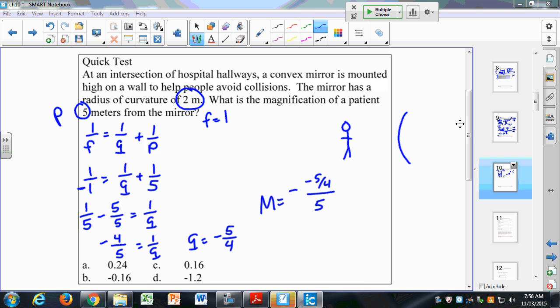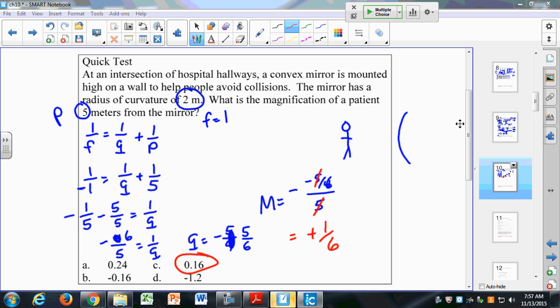Yes, you're right. Thank you. So this would be 6/5, right? Sorry about that, y'all. So that's 5/6. Then I have 5/6 over 5 here. One of my 5's cancel, and I'm left with positive 1 over 6, which is the same as 0.16.